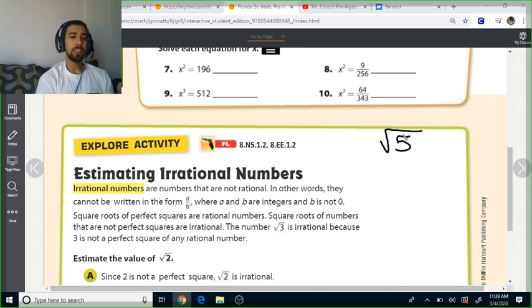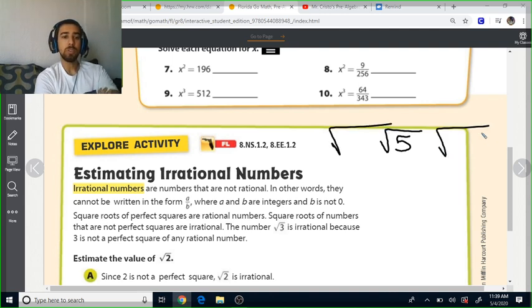Can you please give me the perfect square that comes right before the square root of 5?